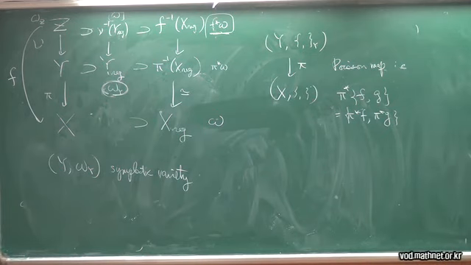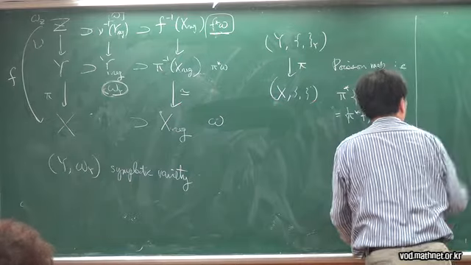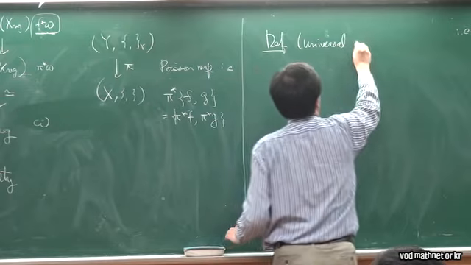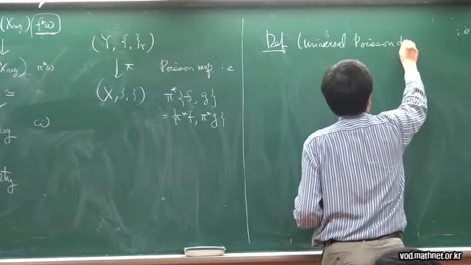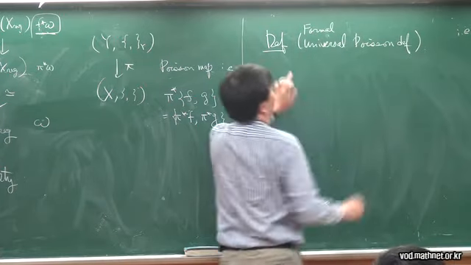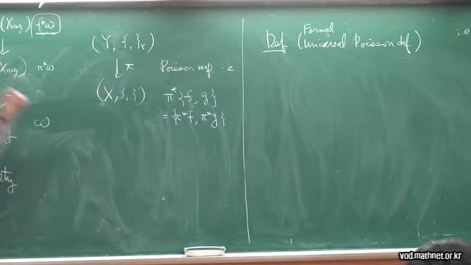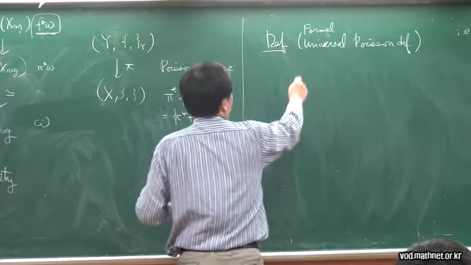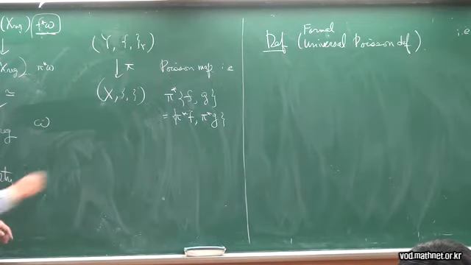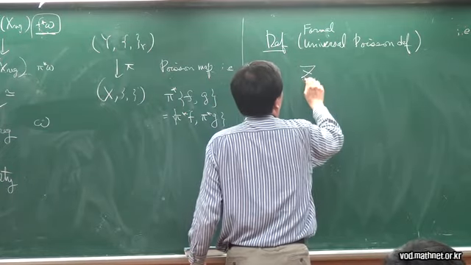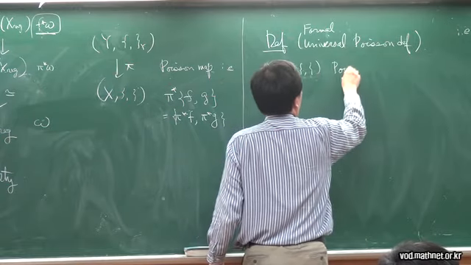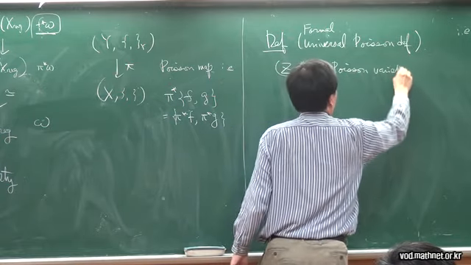Before that, I prepare some definition of universal Poisson deformation. Maybe formal universal deformation would be exact. But anyway, universal deformation. What is this? Now let Z be a Poisson variety, any variety.